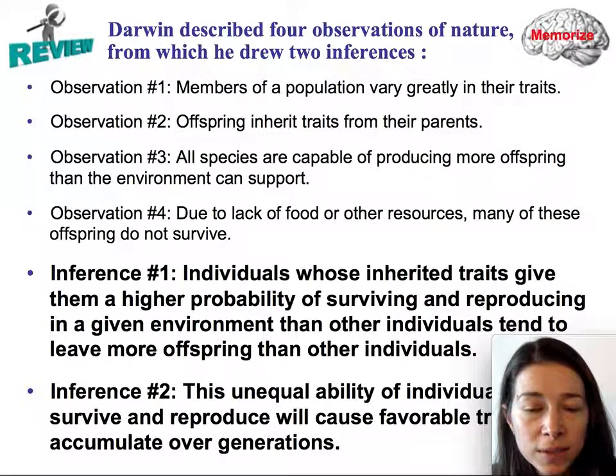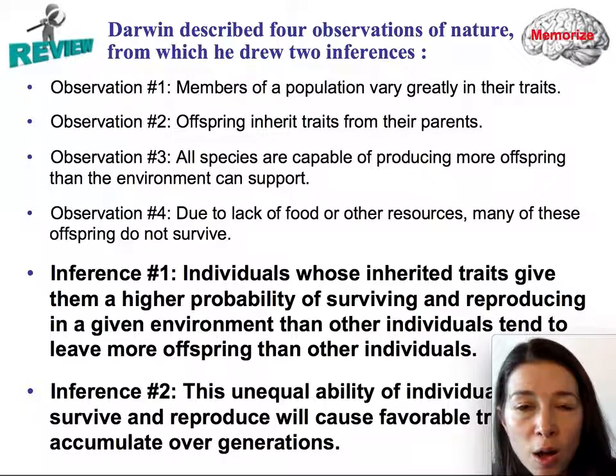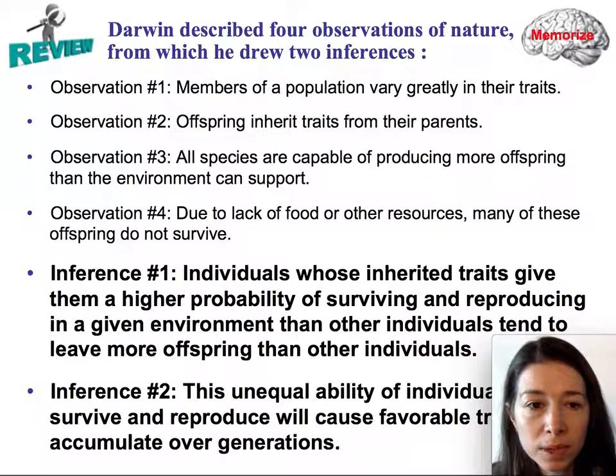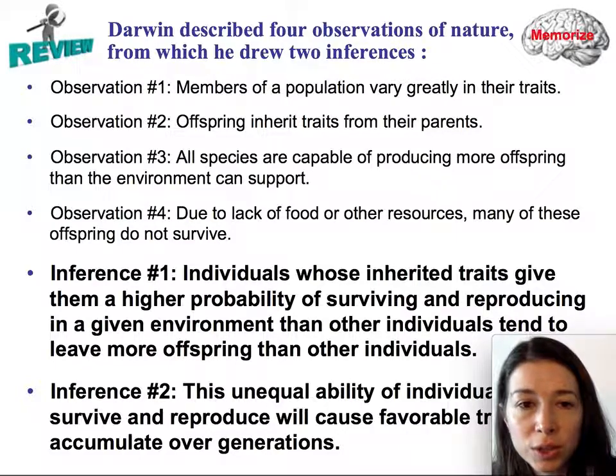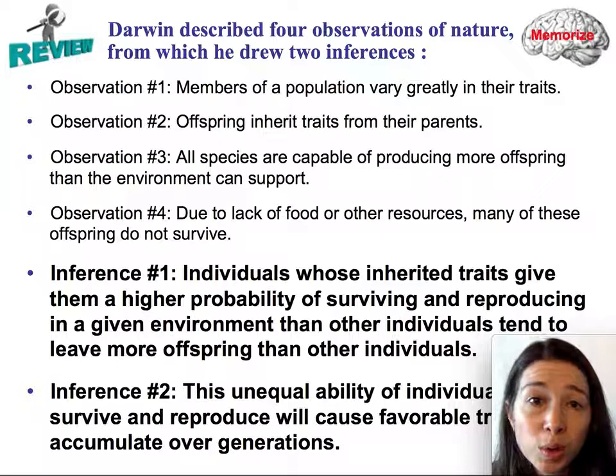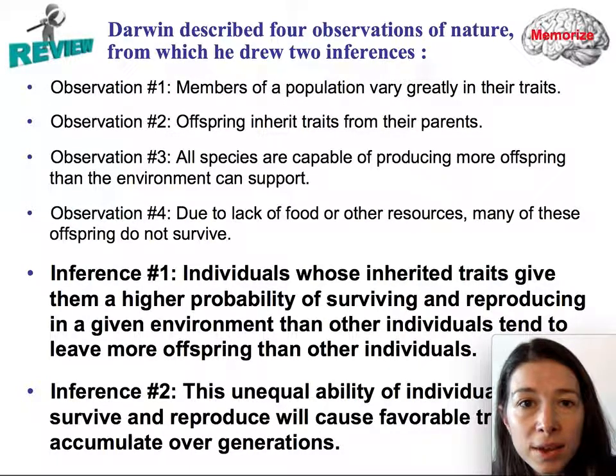So because of this environmental pressure, and because not all individuals can survive or reproduce effectively, there's going to be selection pressure, and the individuals that have traits that are beneficial are going to be able to reproduce more effectively and live longer to reproduce more effectively, and therefore those individual traits are going to be selected for and will over time become more prevalent in that population.